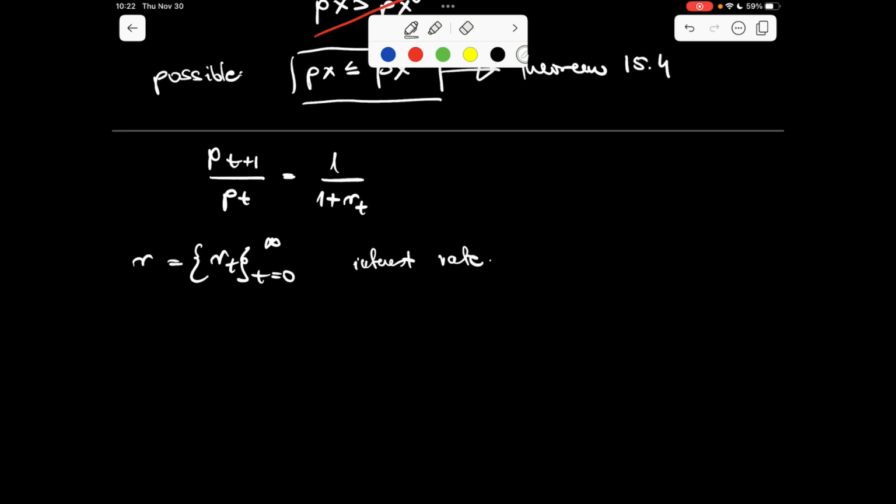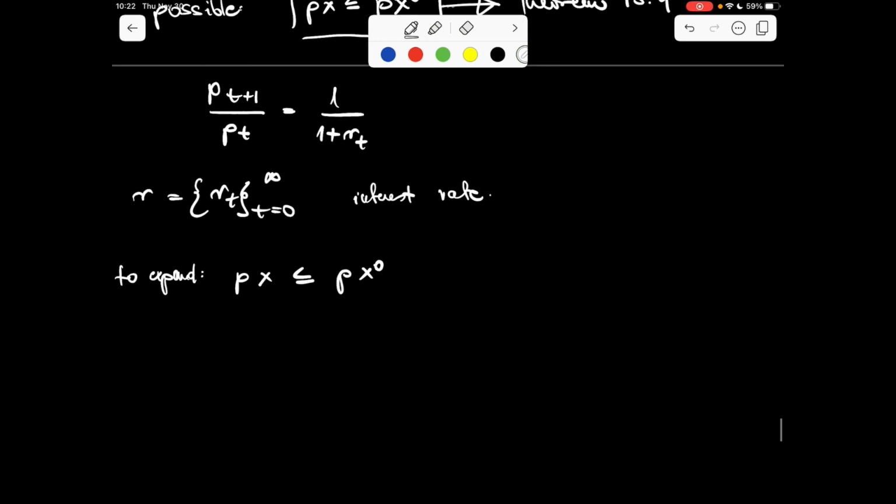What we want to expand is the budget constraint of the household, which can be rewritten in this way.